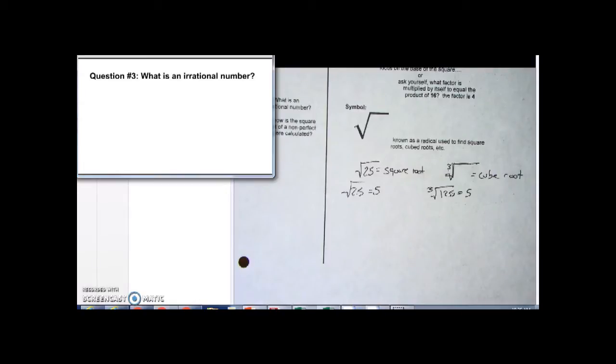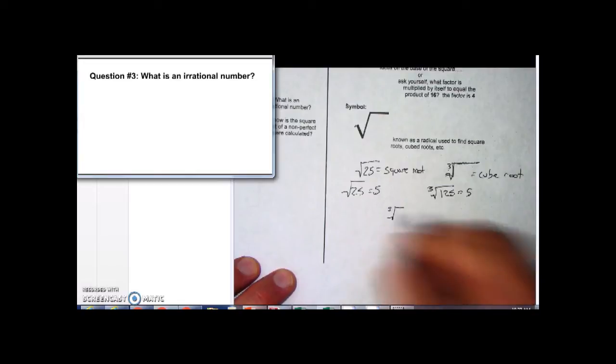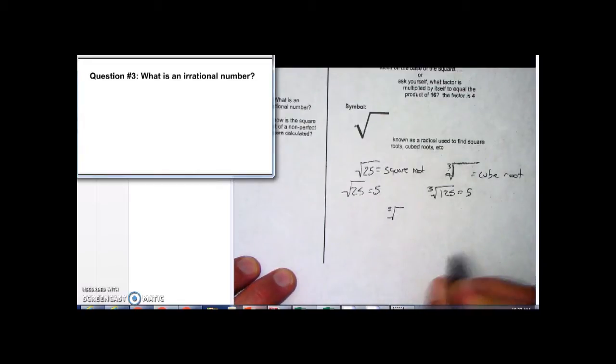So you did this with, give me another one that we did in our warm-up, where you took something to a higher power than just squared. 7 times 7 times 7, 7 to the third power. Now that's not 7 times 3, right? 7 times 3 is 21. 7 to the third power is 343.